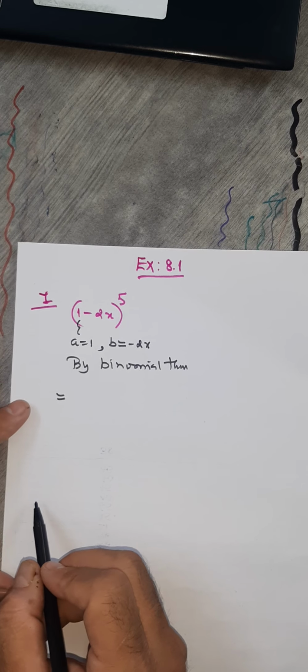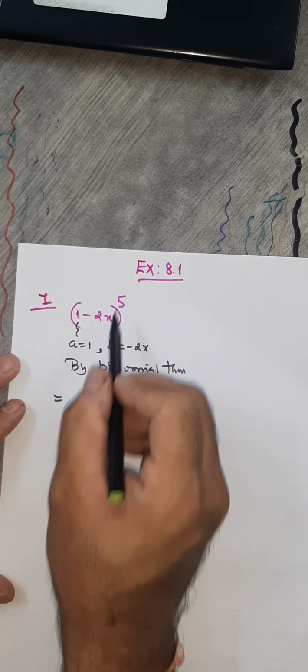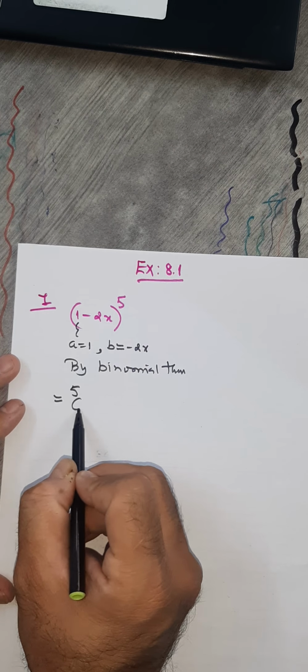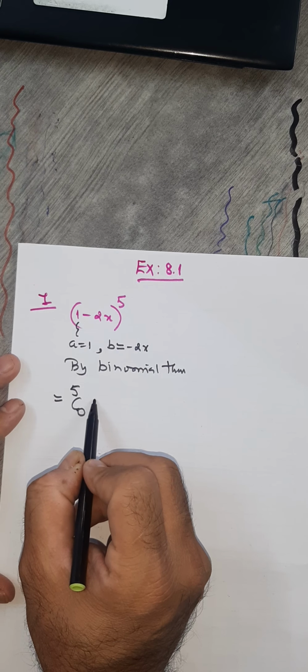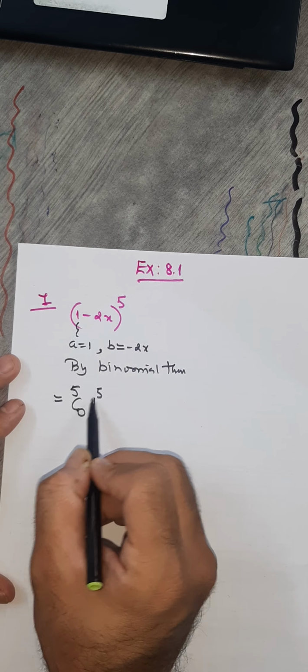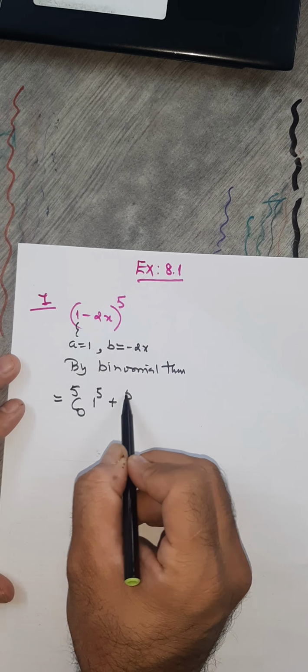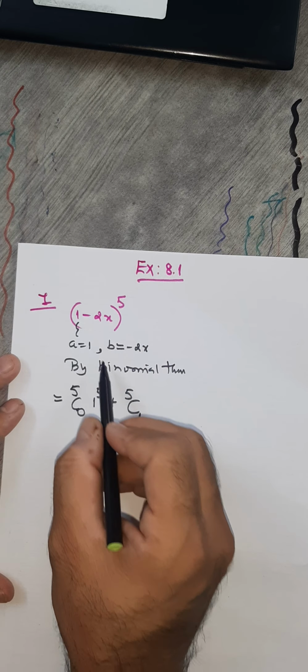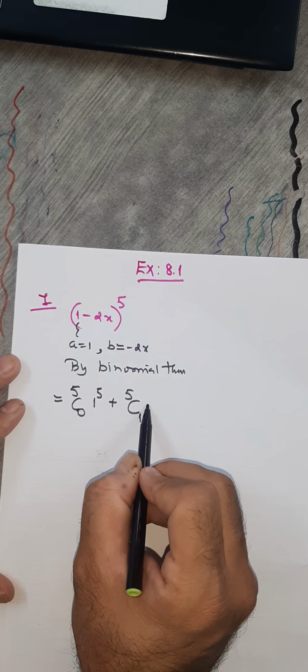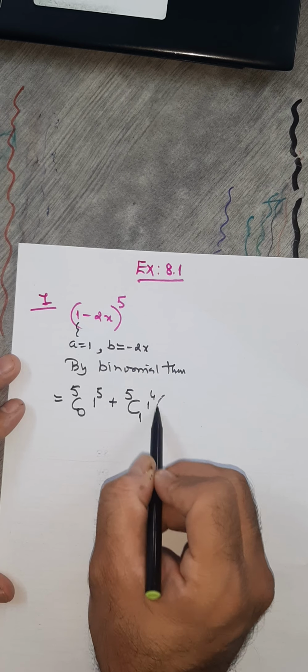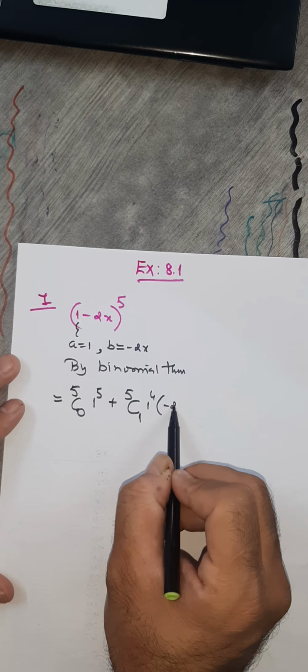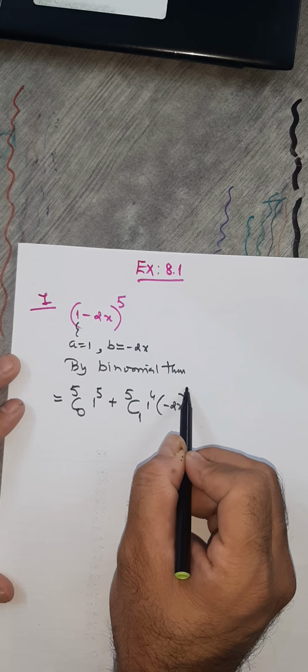This is equal to, it starts from where? 5C0 into a raised to n, that's 1 raised to 5, which you can drop if you want. 5C1, now reduce the power of 1, which is raised to 4, and b with minus 2x raised to 1.